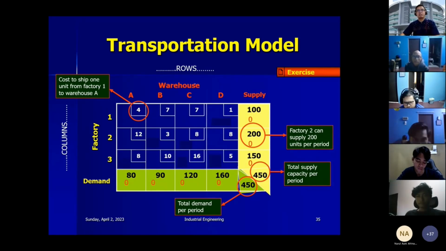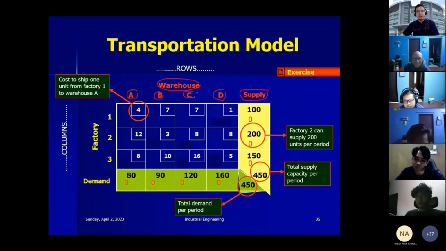First, we also have the warehouses. The warehouse, or supply, here consists of warehouse A, warehouse B, C, and D, and this is supply.